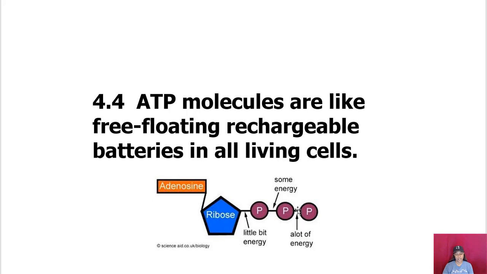And I can put another phosphate back on and have it ready to go and ready to give me energy when I need it, just by popping that phosphate back off again. So basically what cells are doing is they're taking the phosphate off, getting the energy, and then they go through another process, and put the phosphate back on. And that's why it's like a rechargeable battery.